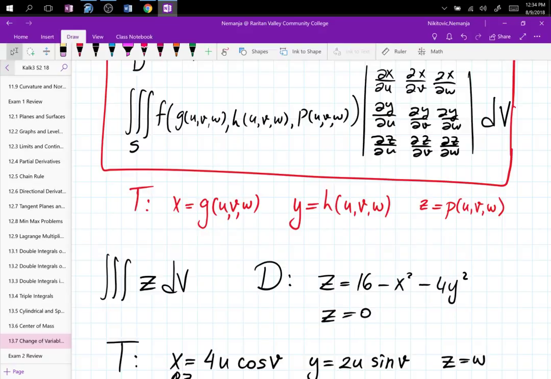Yes? Why is it 0 to 2 pi? The limits for trig, for the full period. Isn't it half of the cylinder? Okay. What do you mean half of the cylinder? It's the full cylinder, because your limits for the ellipse, right?